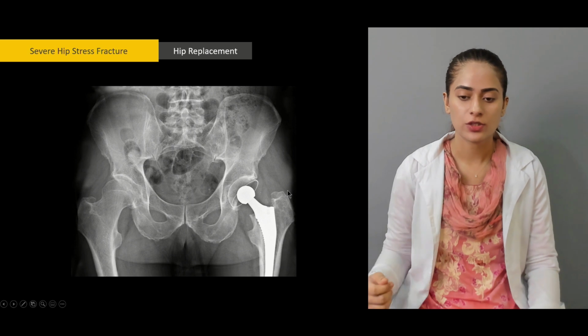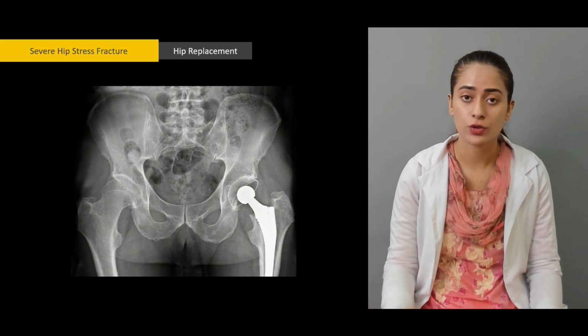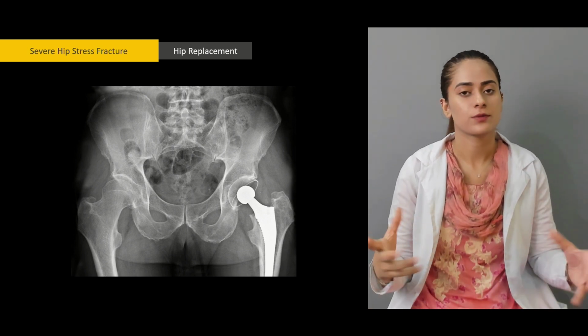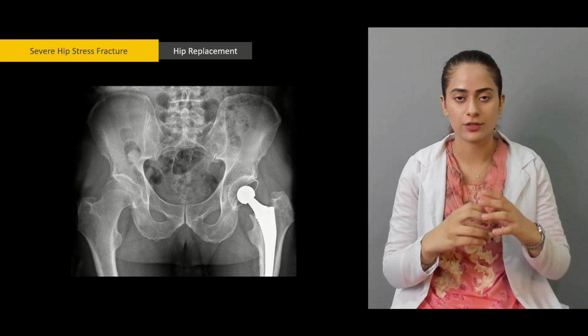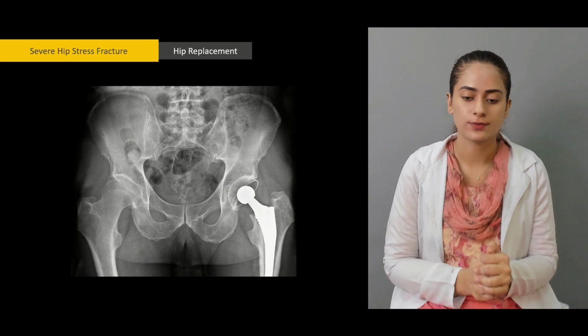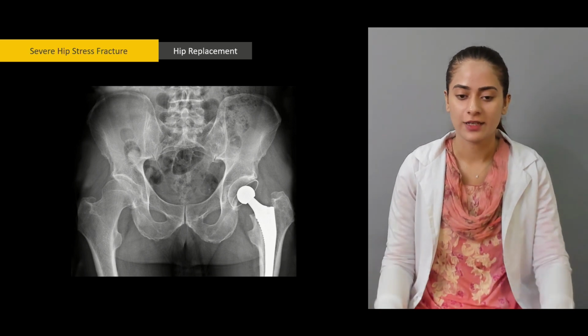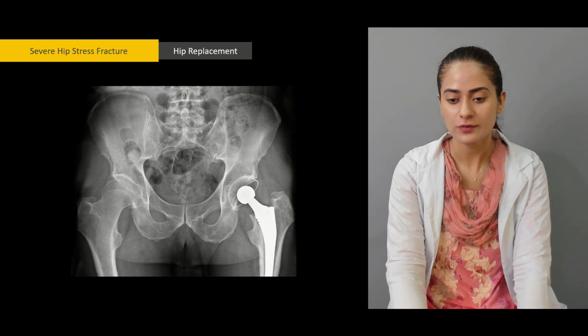Sometimes you need to put in screws with the acetabulum, and sometimes you can glue it onto the actual natural acetabulum. So again, that is arthroplasty in layman's terms.